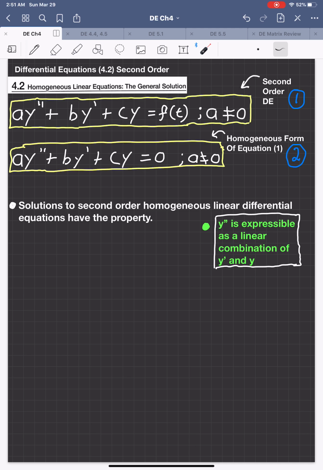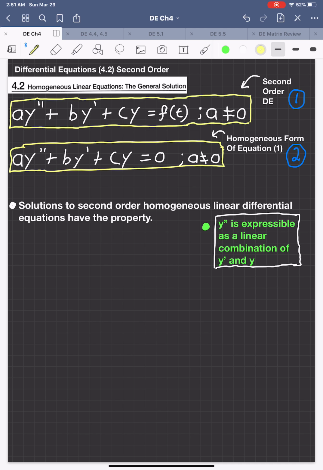And what do we want? Well, we want to talk about the solutions to these second order homogeneous linear differential equations, right? I know that's a mouthful, but that is what we are trying to do.